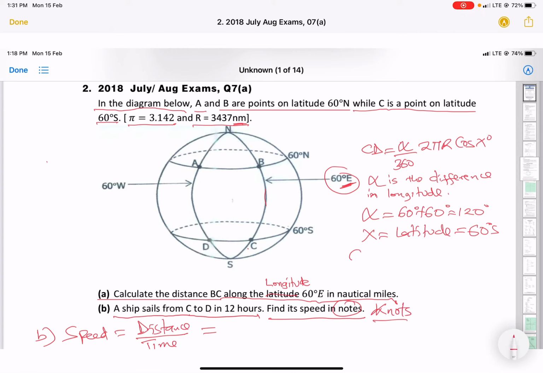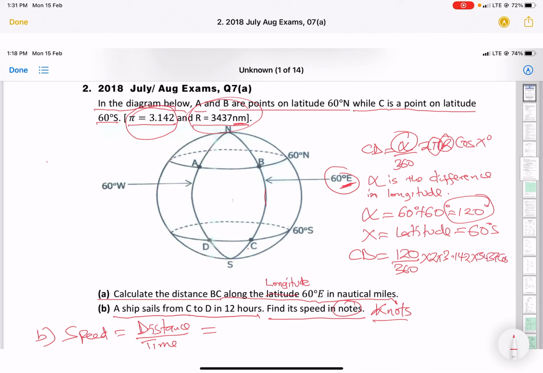So CD is equal to, where alpha is 120 over 360 times 2 times pi, which is 3.142, times the radius of the Earth, 3,437 nautical miles.